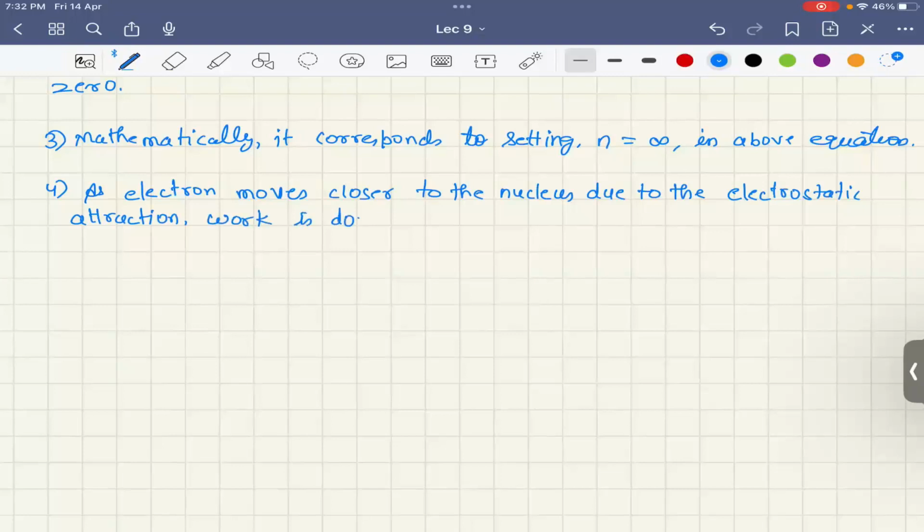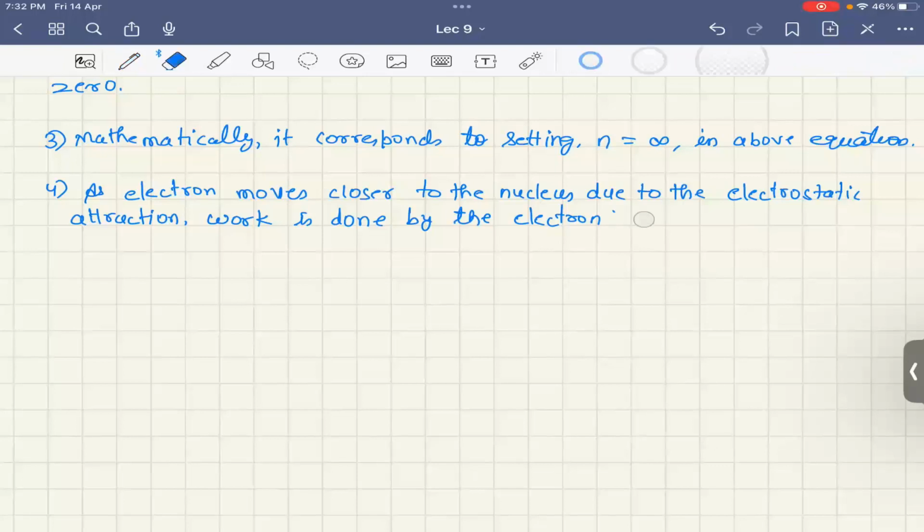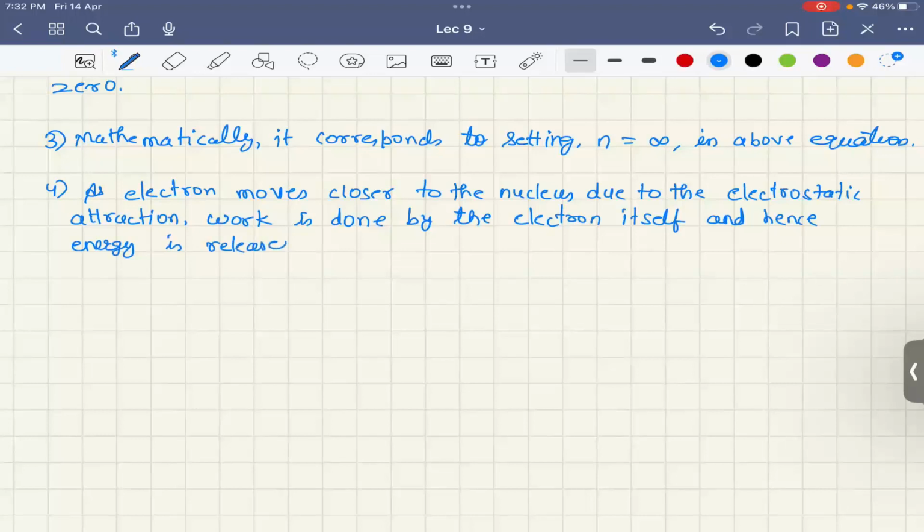Work is done by the electron itself, and hence energy is released, right?